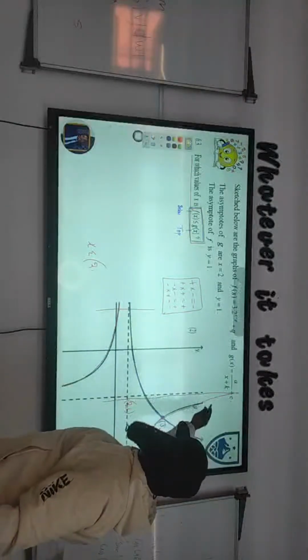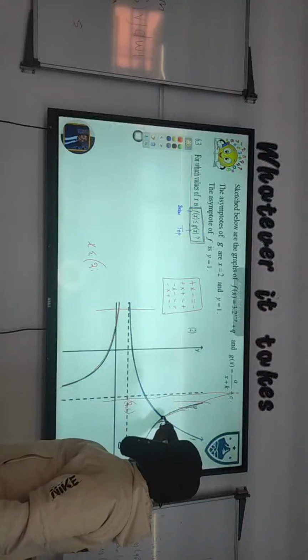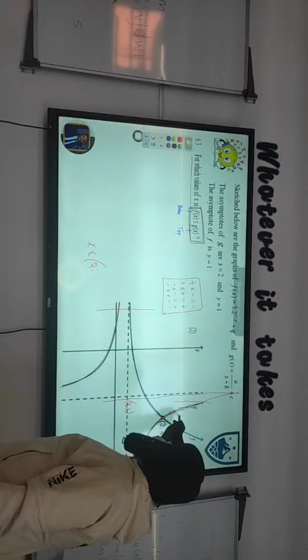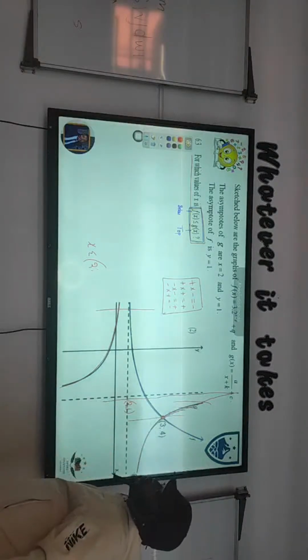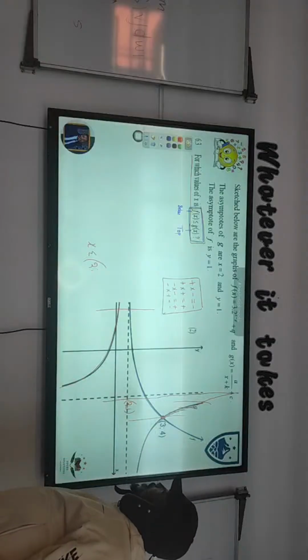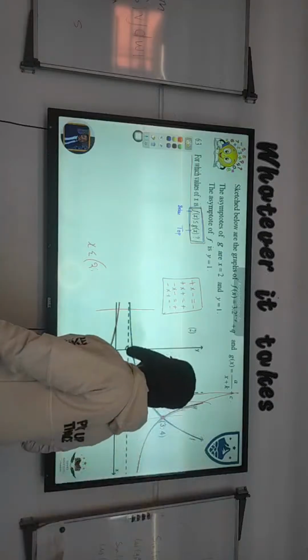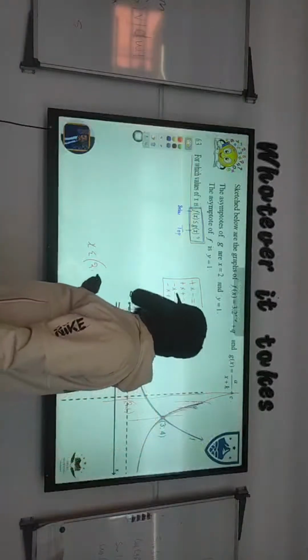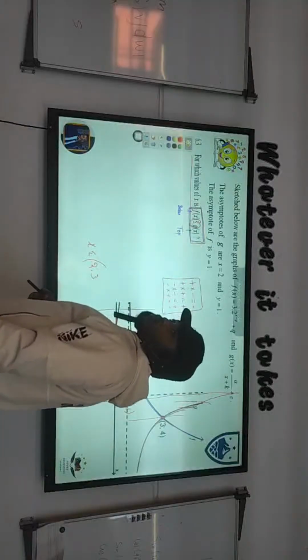We move, you see it's still going until we get here. When we get here, we see now the blue, which is f of x, is on top again. So it means the interval ends here. So x equals 3. And they said that it must be included when they are also equal.